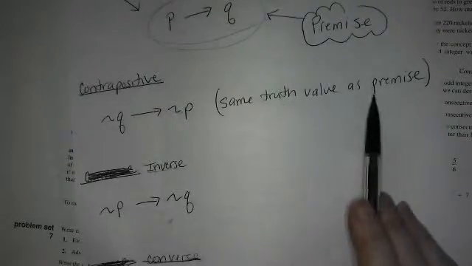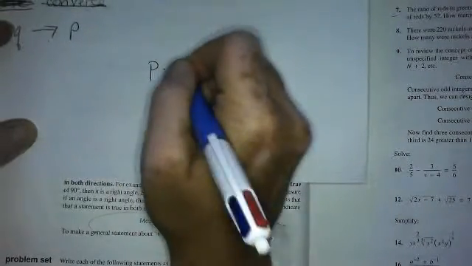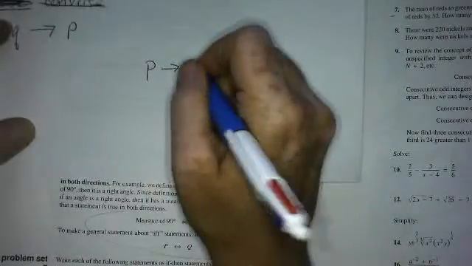I'm running out of time on my YouTube video, so we'll talk more in class about this. But I want to show you the very bottom of the page. When the converse is true, you can say that you have this. P then Q. So this would be like, if you have a measure of 90 degrees, then it's a right angle.